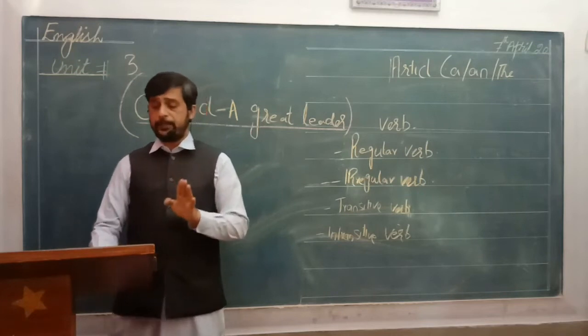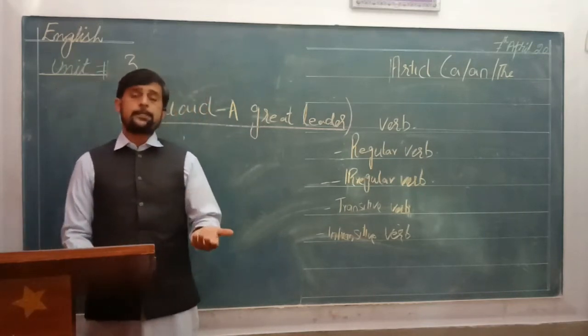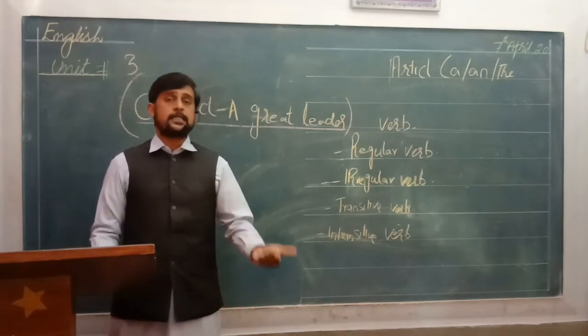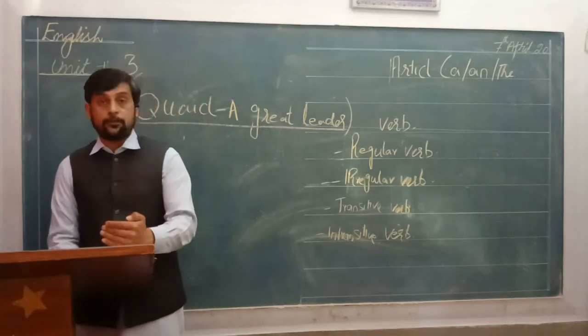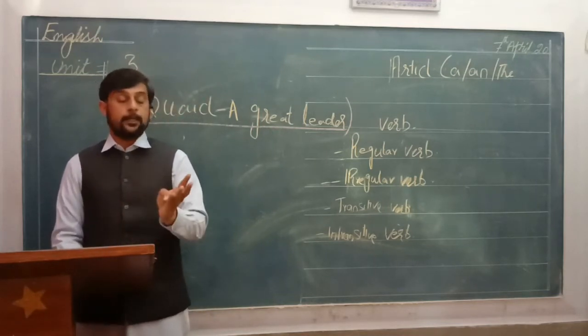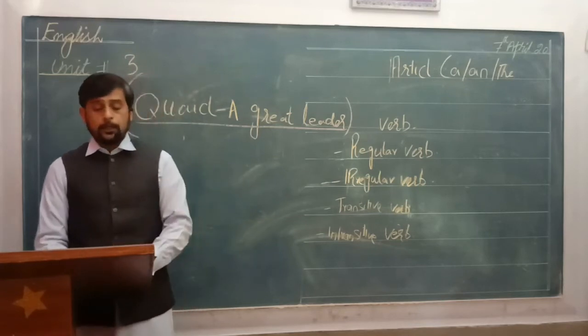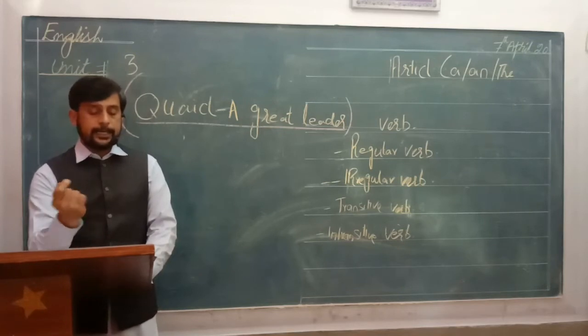So this is the difference between the and a and an. For example, the is used with the specific things, specific places or specific people, and a or an is used with the general or with the common people, places or things. Now here let me give you a little more detail of a and an.